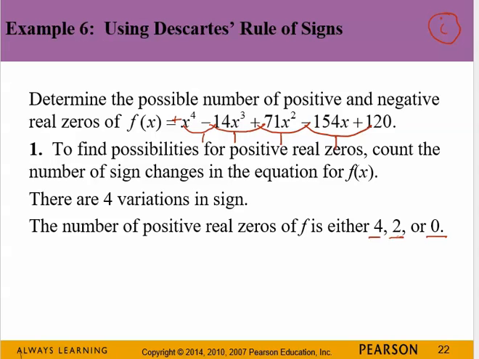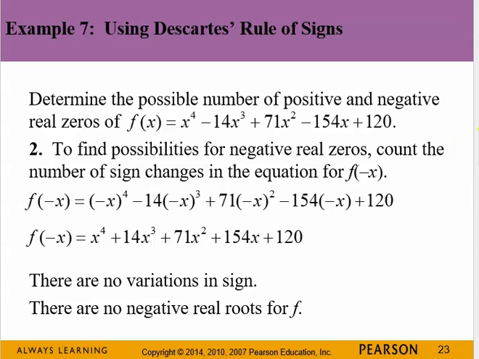I like the way they illustrated that. Now, as that fellow explained, to find the possible negative real zeros, we change our function to its negative value. And then in so doing, when we get through, we look at how many sign changes there are.